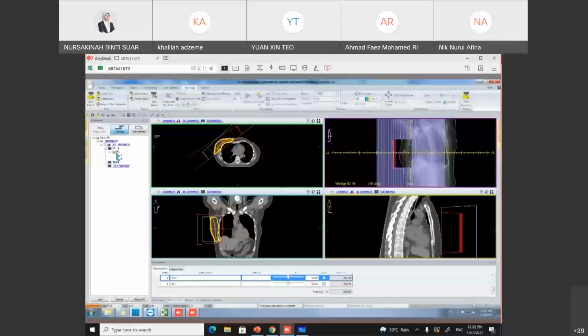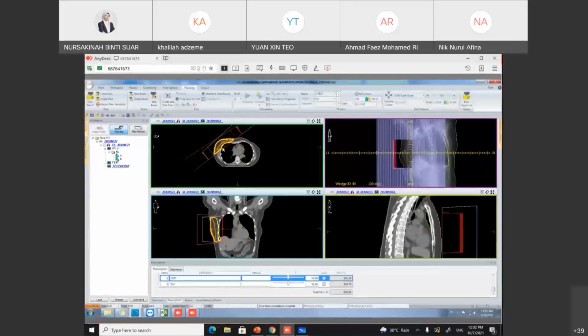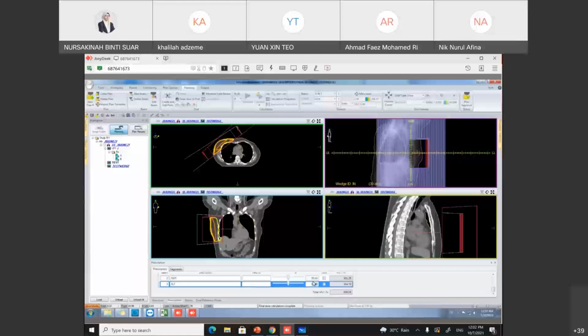So now it's not really homogeneous because the lateral beam contribution is more than the midline here, so I will adjust a bit. Okay.